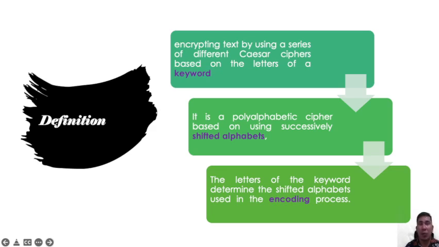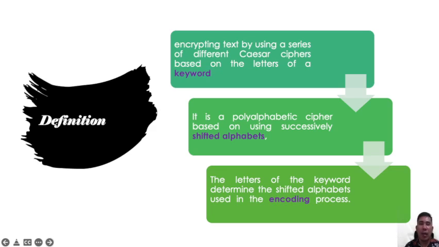So that's basically 26 letters, since it's derived from Caesar cipher encryption. The procedure is based on a table called the Vigenere tableau, which I'll be showing to you later.